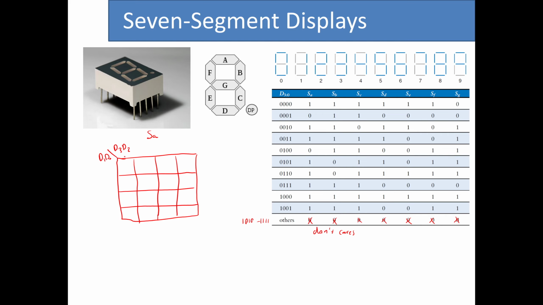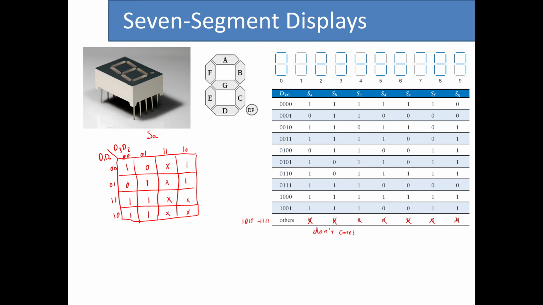We write down the gray code representing the columns, and also the rows, and then we start filling up the table. So like before, we have 1 0 1 1 0 1 1 1 1 1, and then the rest are don't care, don't care, don't care, don't care, don't care, don't care, and don't care.